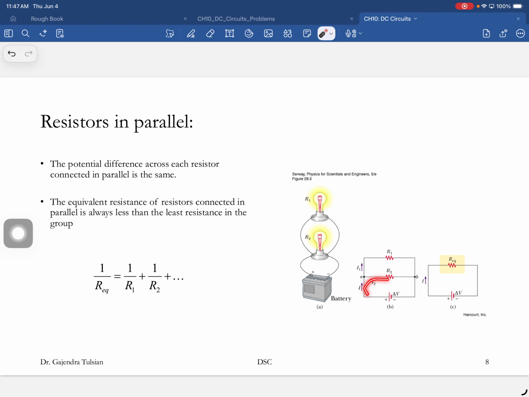Here are resistors connected in parallel. When you connect resistors in parallel, okay, each resistor sees the same voltage. Okay? So like I said, all our devices in our house are connected in parallel.